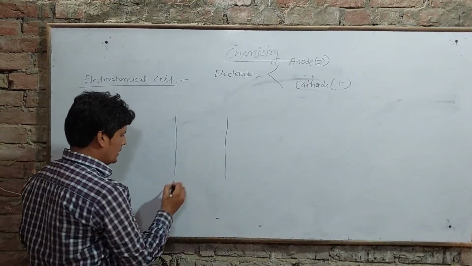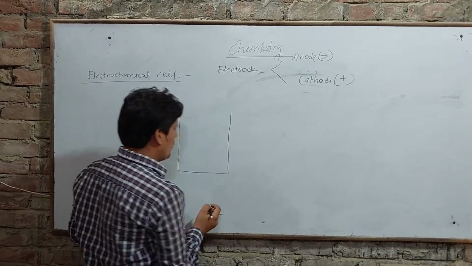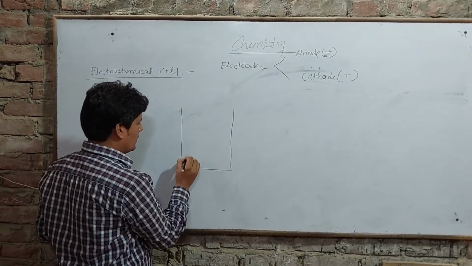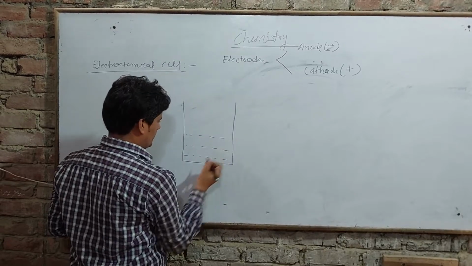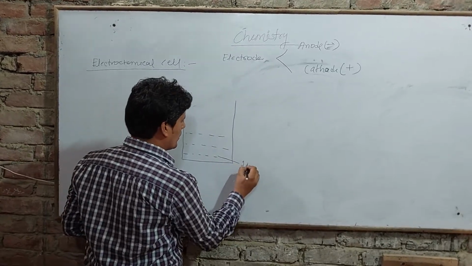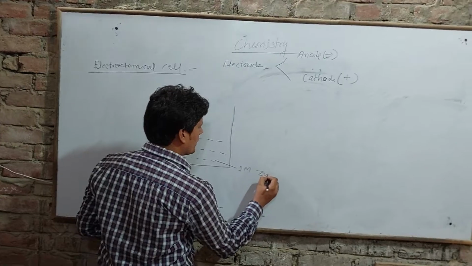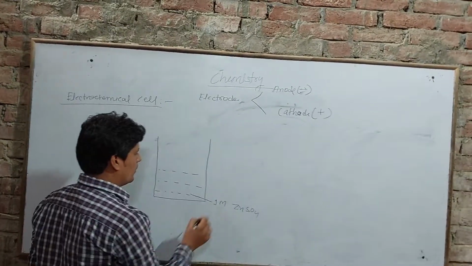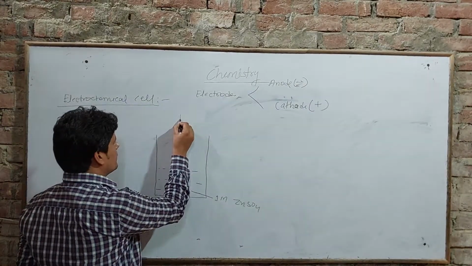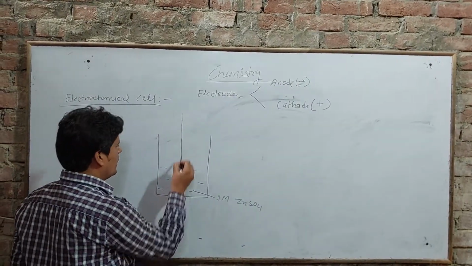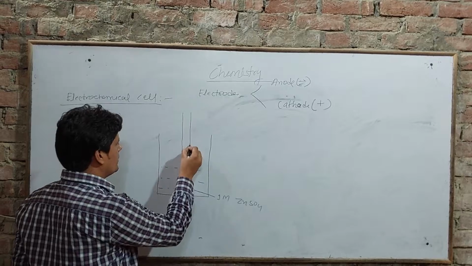Here is a container in which 1 molar zinc sulfate, that is ZnSO4, is filled, and in this container a zinc rod electrode is dipped.